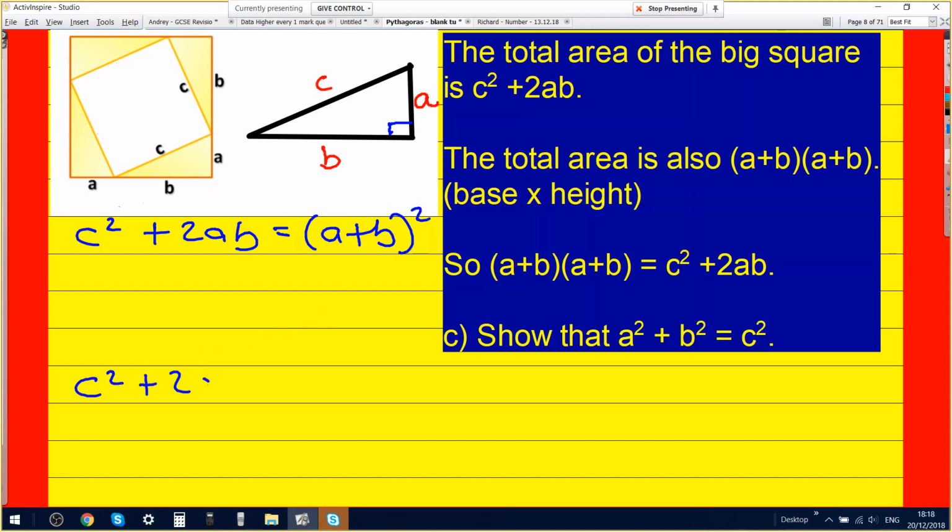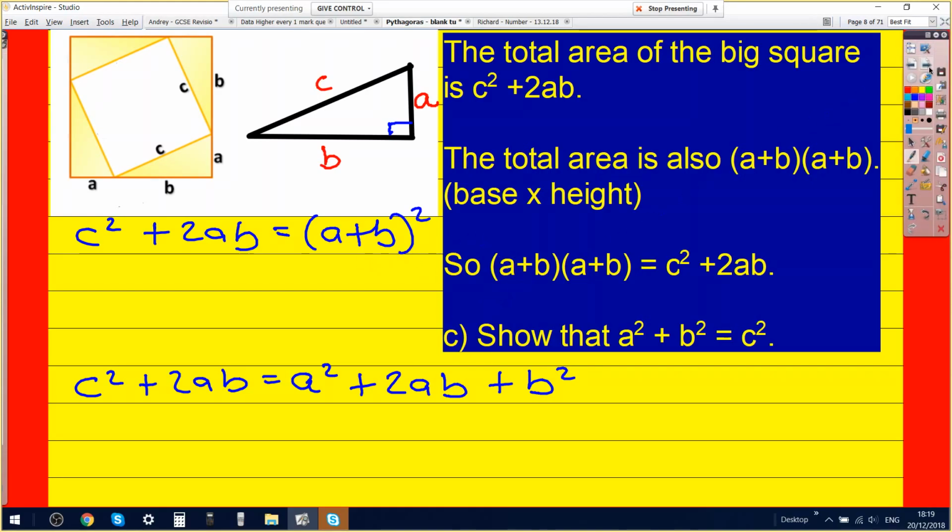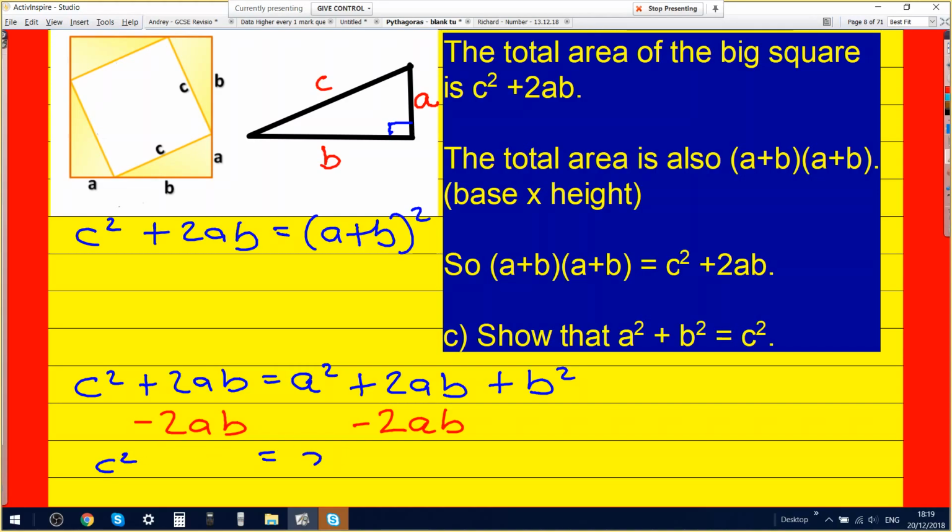If we were to expand that square bracket, we'd get a squared plus 2ab plus b squared, using first, outside, inside, last. And subtract 2ab from both sides. What are you left with? c squared equals a squared plus b squared.